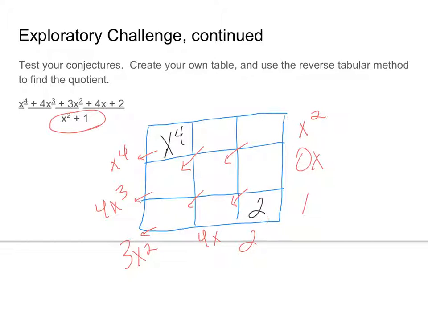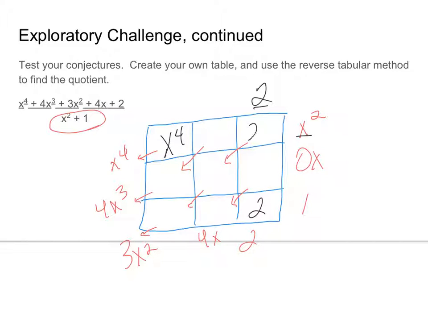So here's a 2. Okay, we need to multiply this row and column together to get the 2. That means this top here is going to be a 2. Cool. Okay, moving on up. This piece right here are these two together. Actually, let's finish this row. That's the easiest thing to do.